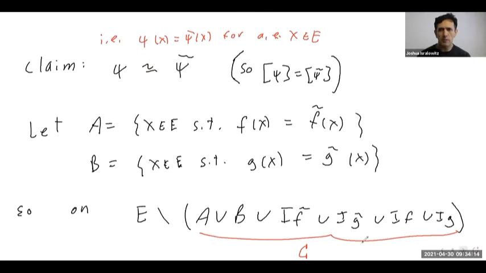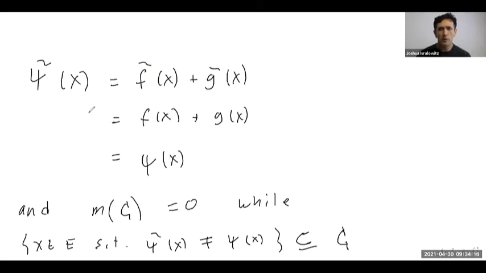And on C complement, these two are equal. So the measure where these two functions are different is 0.